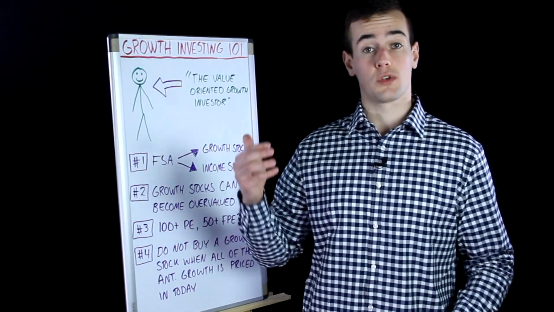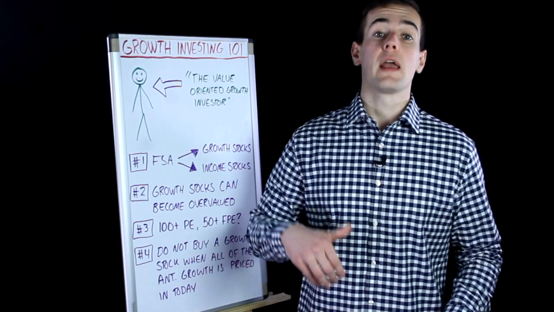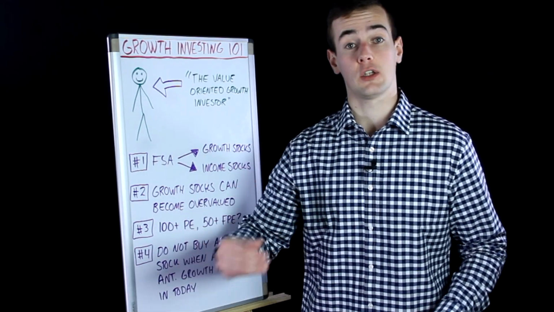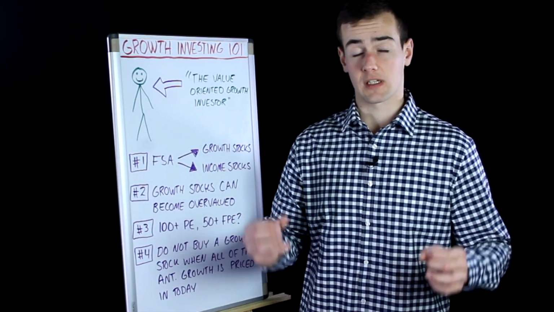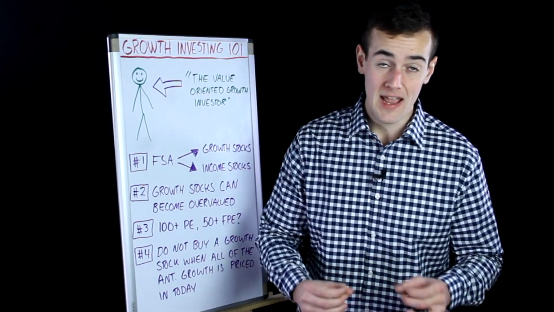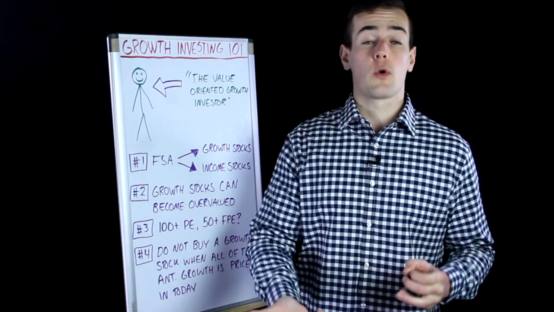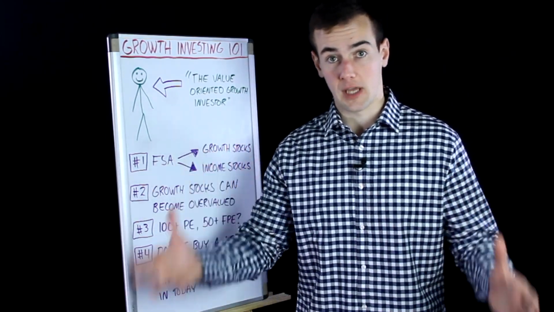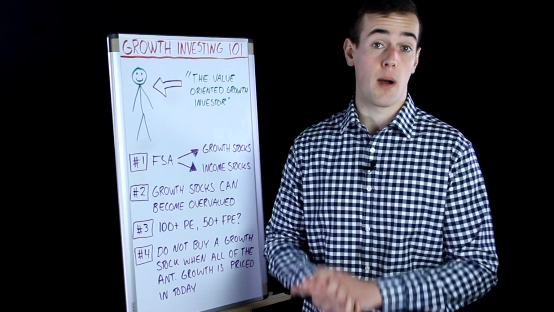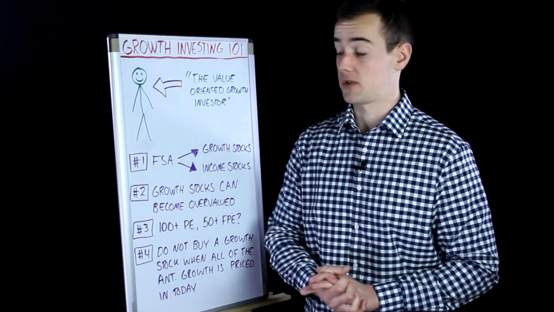And all of that is going to cause that share price to fall if all of that future growth is priced into today's number. At that point, a stock becomes priced for perfection, and you're not going to see many companies out there executing with perfection. Maybe they're going to execute with perfection for a period of time, but at a certain point they're going to hit a bump in the road and it's going to cause that share price to fall.